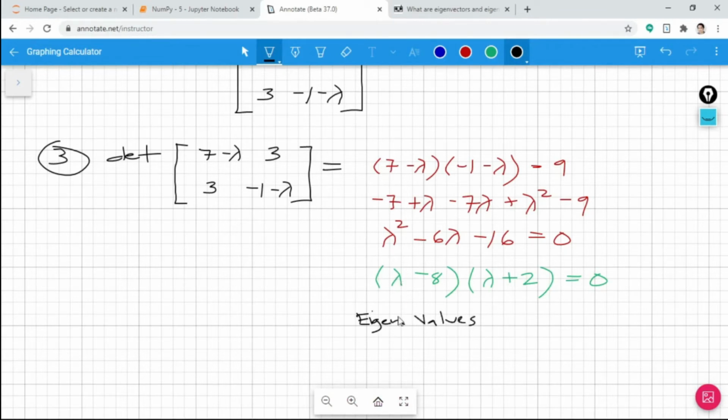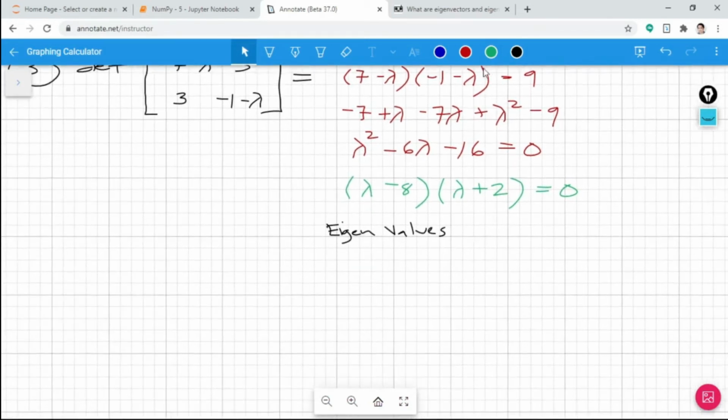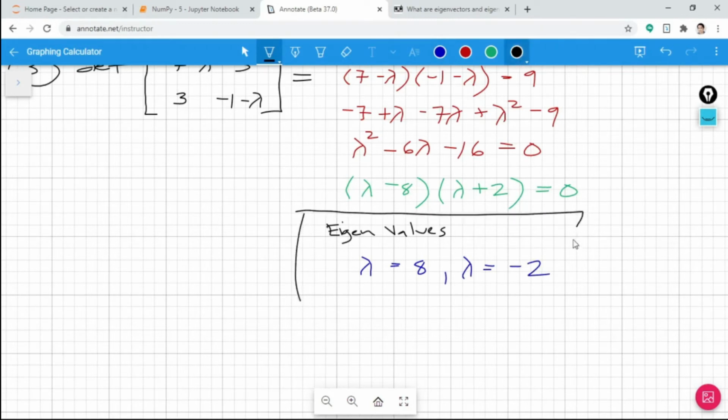Let me use a blue. Our eigenvalues are 8 and negative 2. So these are our eigenvalues.